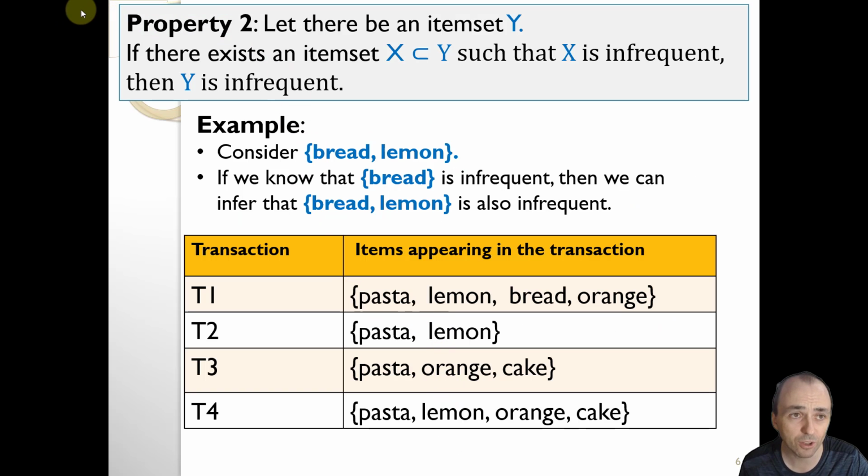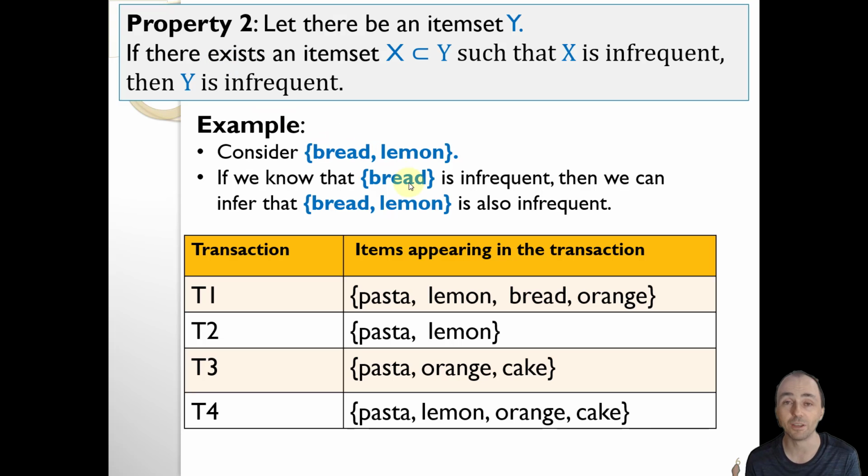So in frequent item set mining, there is a very powerful property that we use to find the solution. The property says, if we have an item set Y and there exists an item set X that is a subset of Y, and X is infrequent, then Y must be infrequent also.